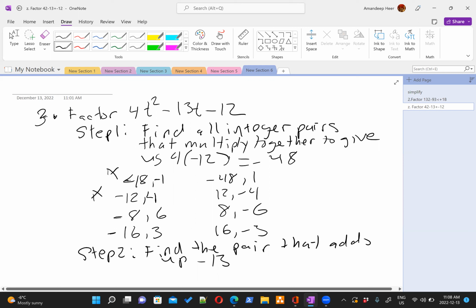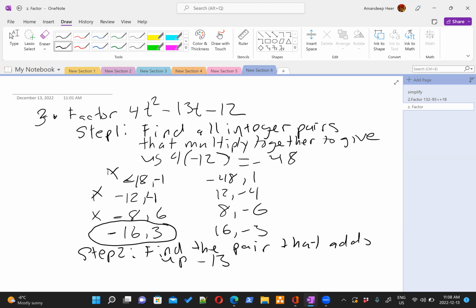No. So that's not going to work. So which one is going to work here? It's going to be -16 and 3. Because what's -16 plus 3? It gives you -13.